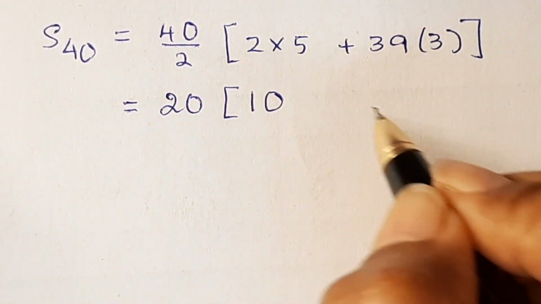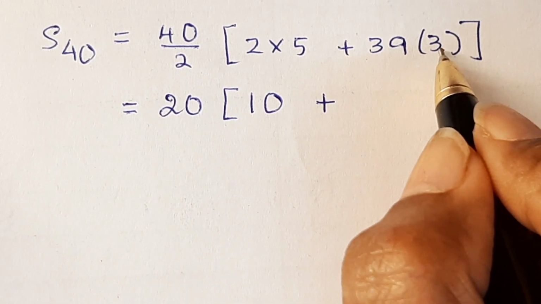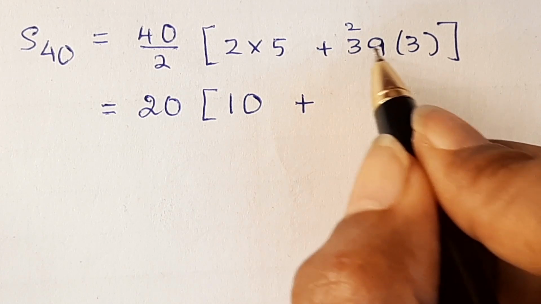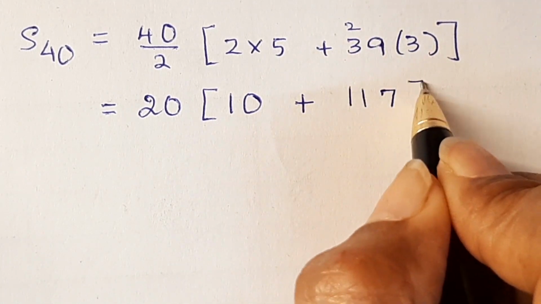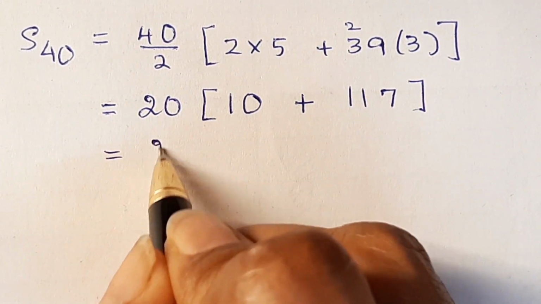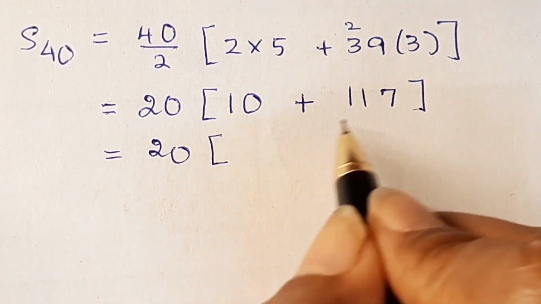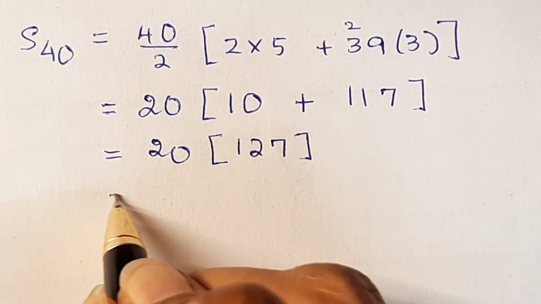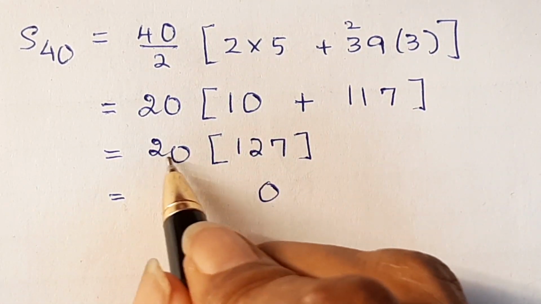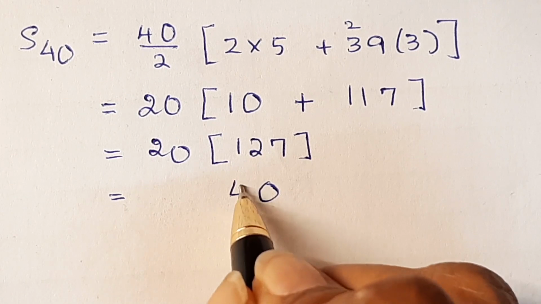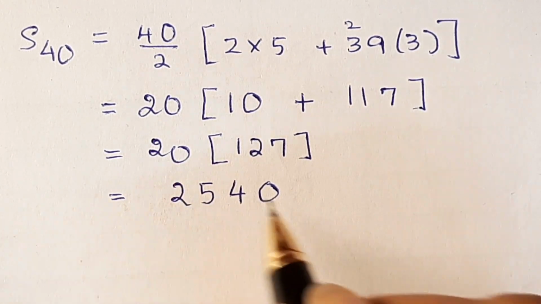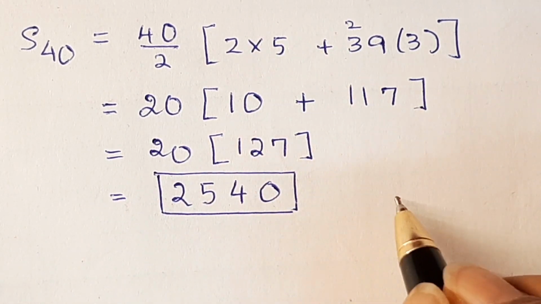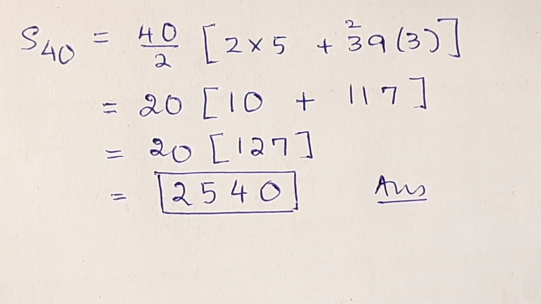Here it becomes 2 into 5, 10, and plus here 3 9s 27, carry 2, 3 3s 9, and 2 is 11. And so we will have 20 into bracket, we will have 10 added to this, 117, and then we multiply by 20, and that is our sum of first 40 terms, and that is our answer.